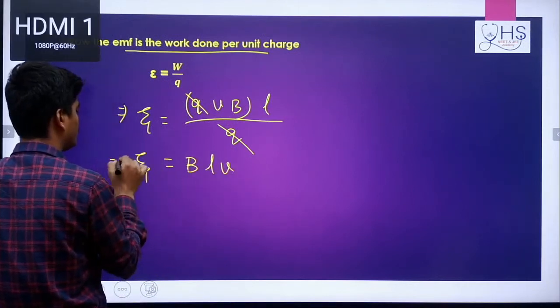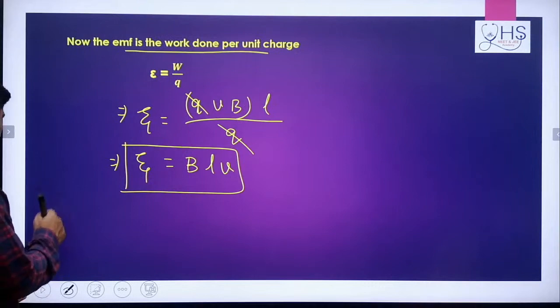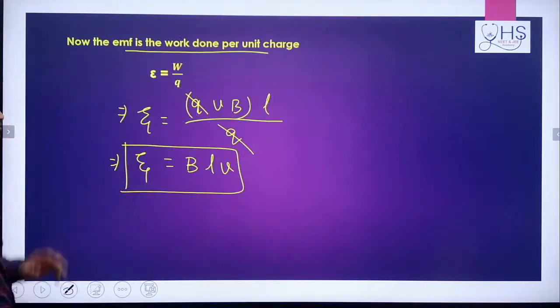So EMF is coming BLV. So this is also a short method to derive E equal to BLV. I hope you understand. Okay.